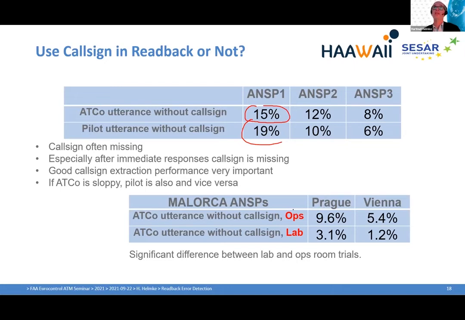If you think you can do the same in the operational environment, from real data, as you can in the lab with speech recognition, I would say then you're wrong, because these numbers show that in the lab environment the ATCOs in most cases use the call sign, and Vienna controllers even nearly always use the call sign. There is a significant difference between lab and ops room environment when talking about speech recognizers. So we need to go to the ops room.